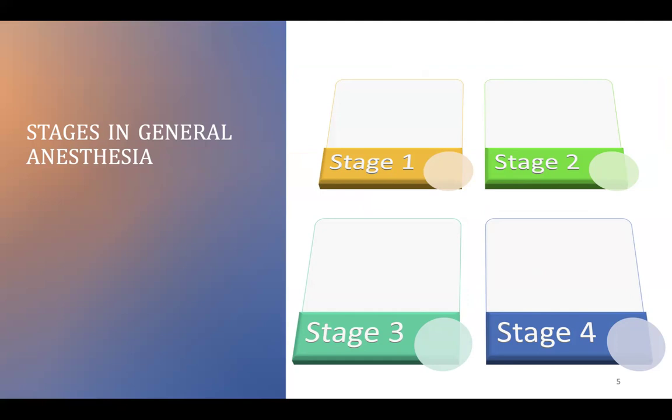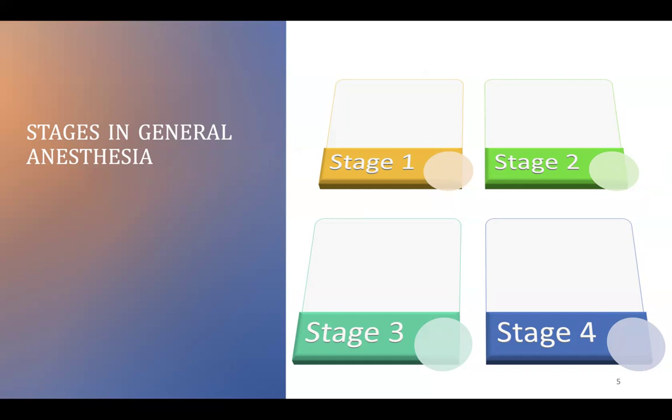But these drugs can induce 4 stages in the patient. Stage 1 is the stage where there is analgesia, and subsequently there would be amnesia. At that point, the patient is still awake, but would not feel pain and would not remember. Stage 2 is a paradoxical stage because it is the stage where there is excitation, usually short-lived.